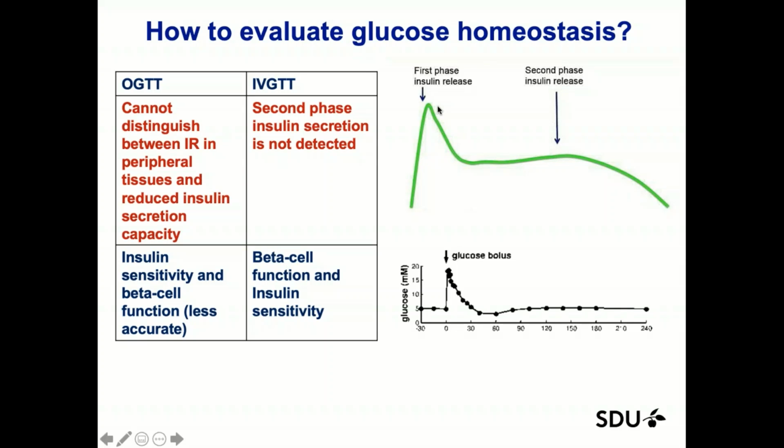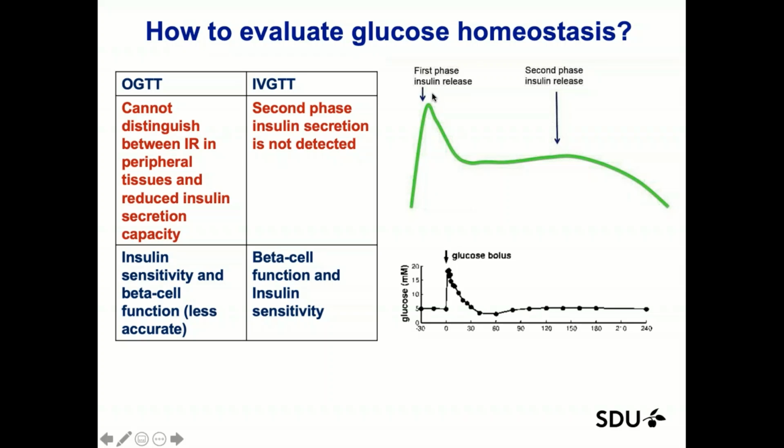How do we actually evaluate glucose homeostasis? In clinical settings and also in answering research questions, two methods are widely used. One is the oral glucose tolerance test, and the second one is the intravenous glucose tolerance test. Here I just want to highlight that when you go from a fasting state to immediately after consuming a meal, you will have an immediate response of the beta cell, which means that you have the first phase of insulin release.